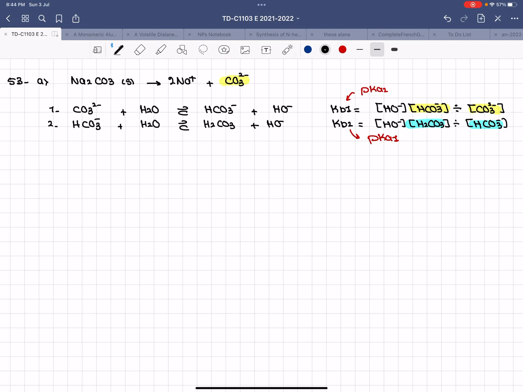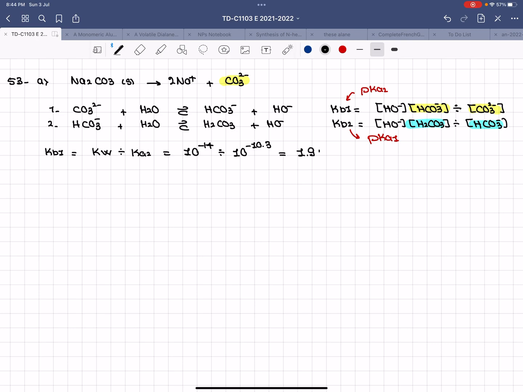To find KB1 and KB2, let's get them because we're going to need them. KB1: you know that Ka2 times KB1 equals KW, so KB1 equals KW divided by Ka2, which is 10 to the negative 14 divided by 10 to the negative 10.3.